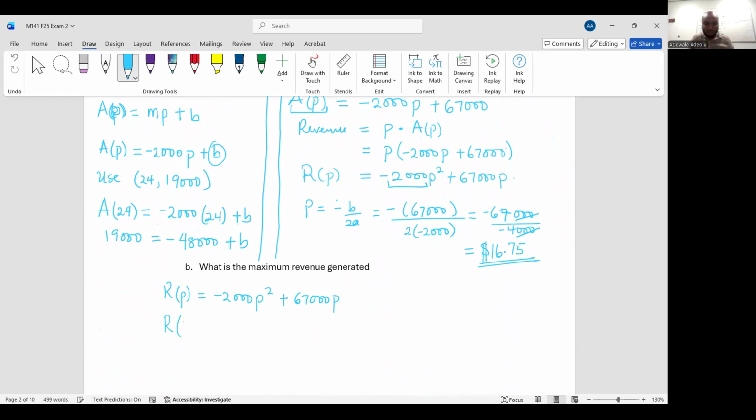So meaning we are looking for R of 16.75. So which is negative 2000 times 16.75 squared plus 67,000 times 16.75. Guys, this is what I expect you to do.